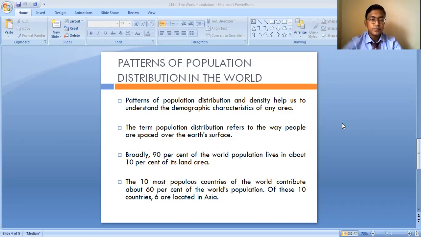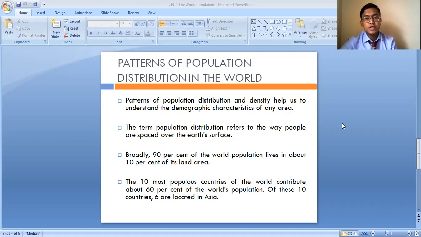As I said, the population of the world is not equally distributed. Different countries have different numbers of people, so countries can be ranked first, second, third and so on according to population.